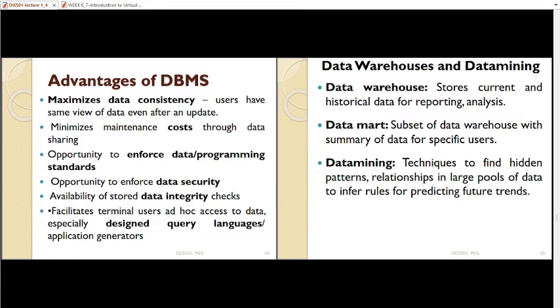Now, in most cases, we store information in a database, but over a period of time, when we do not require this information, or we are not accessing it frequently, what we do is push it into another, different source of storage, and that is what we refer to as the data warehouse, historical data.